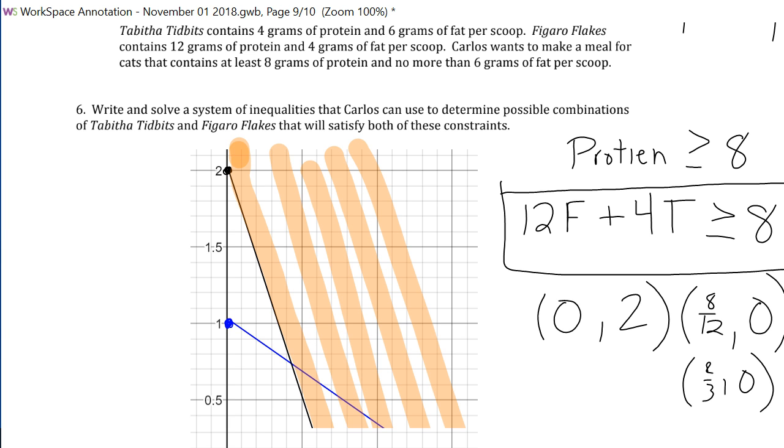So we are below the fat line. And our possible recipes for this cut up cat food exist where those two things overlap. And that's going to be this triangular region right there. Okay, so all of our possible cat food combinations are within that purple triangle.